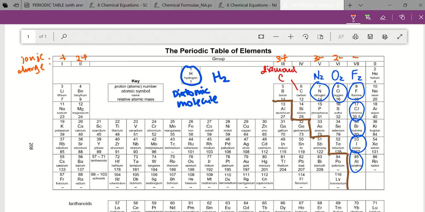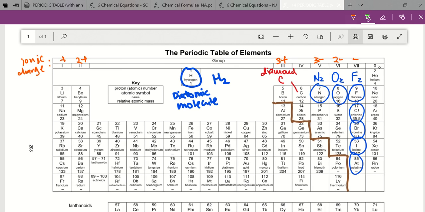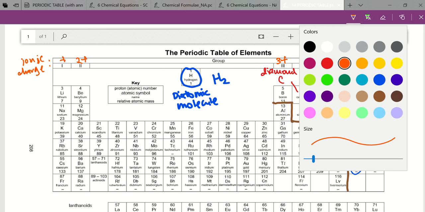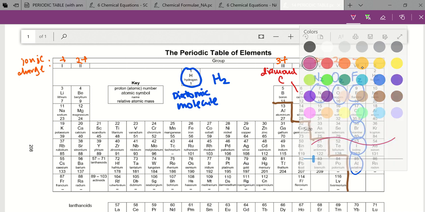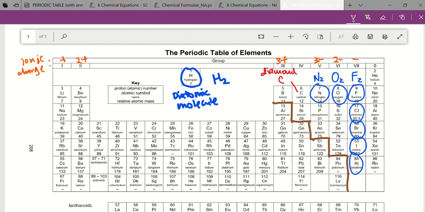Alright, and I missed out on the noble gases just now. Okay, so maybe let us look at noble gas. For noble gases, they already have noble gas configuration. So with the noble gas configuration, they are all stable.